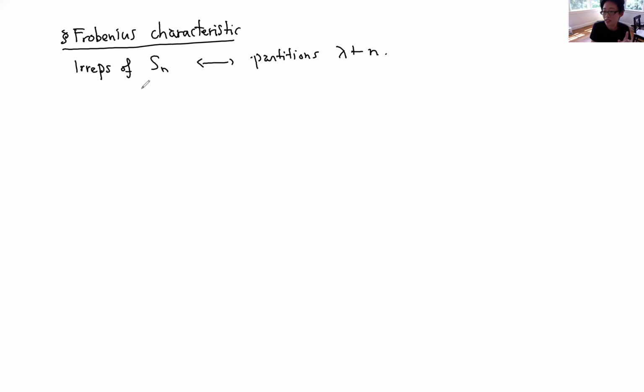Do you know what I mean by a partition? Just a non-increasing sequence of positive numbers adding to n. And so I'll write V sub lambda for the Specht module, the irreducible representation corresponding to lambda.